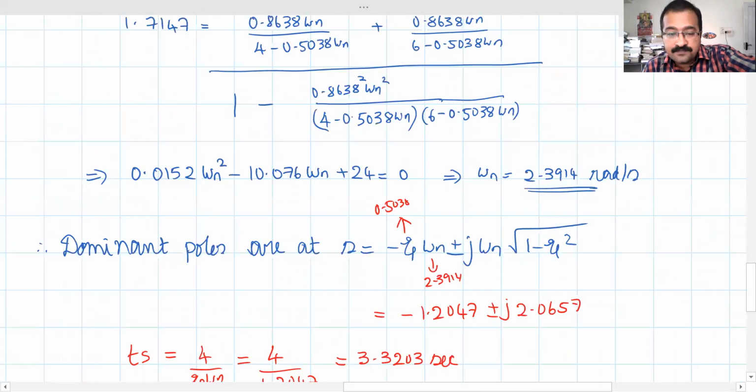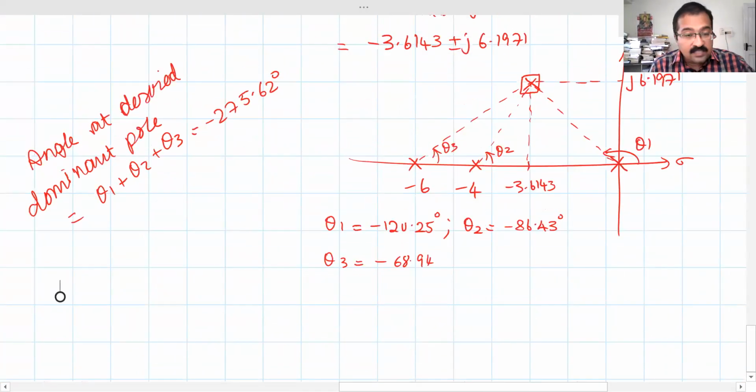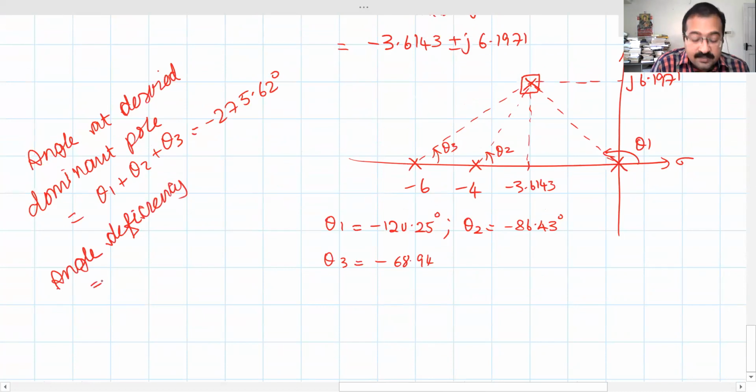So let us see now what we have to do. This is the net angle. How much is the angle deficiency? How can you find that? You add 180 degrees plus minus 275.62 degrees.